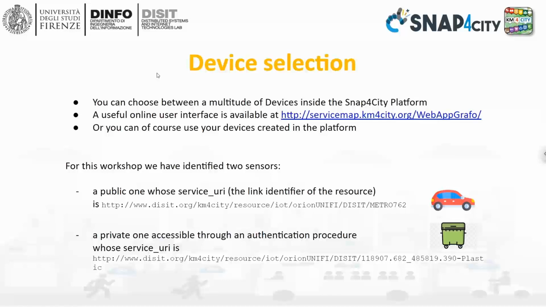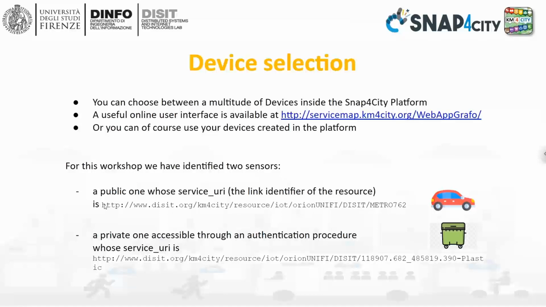Then what do you need to identify the device? You should search about the service URI. The service URI is the so-called link that identifies the resource. For this workshop we have two sensors, a public one that is a traffic sensor identified by this service URI, that is the Metro 762.